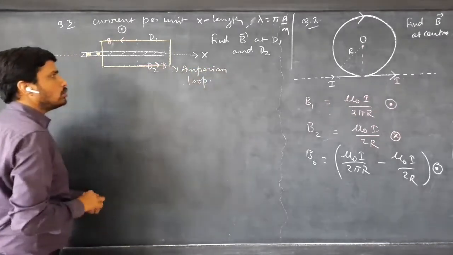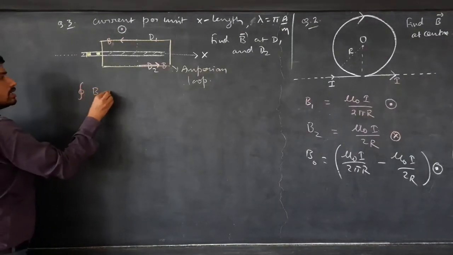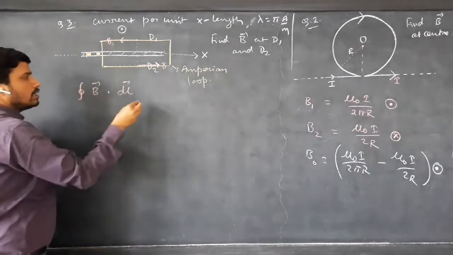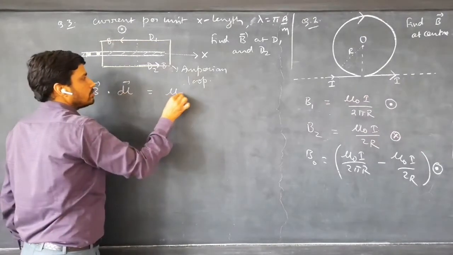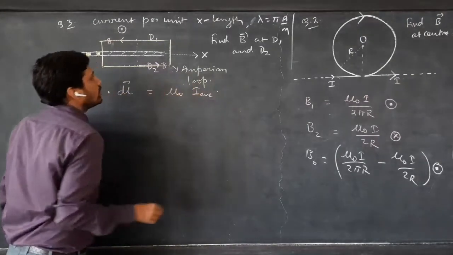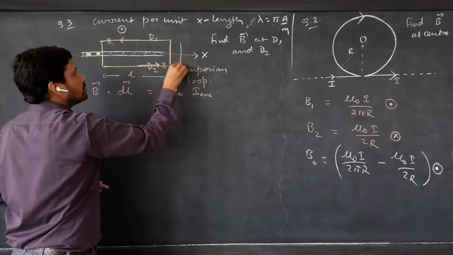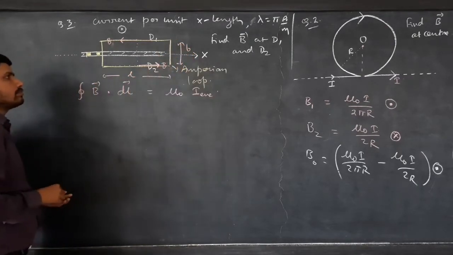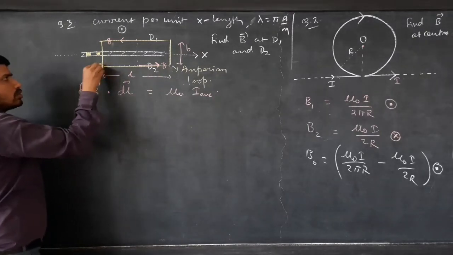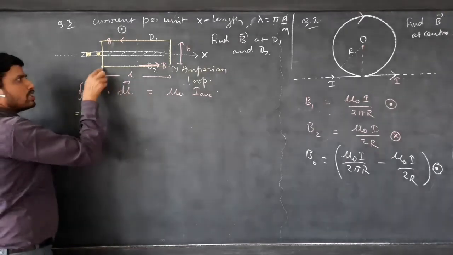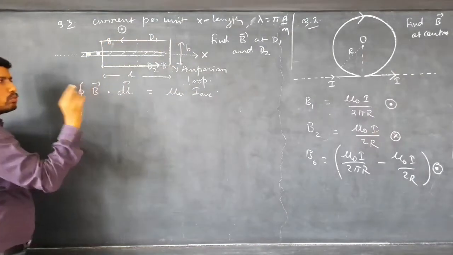And in this Amperian loop, we would use Ampere's circuital law, that is integral B dot dl in closed path integral of magnetic field is mu naught times I enclosed. And let me choose the length of this as L and breadth let me choose as B. This integral, let us start from this point. So we can divide it into 4 parts: B dot dl across this path, across this path, across this path, and across this path. 4.